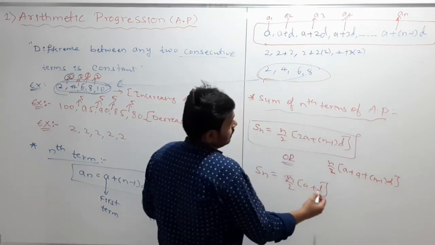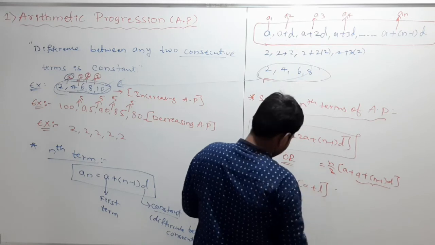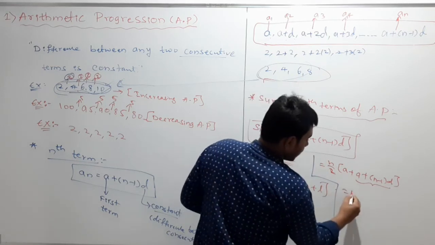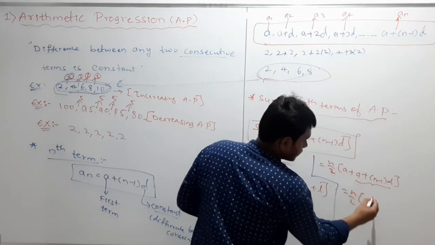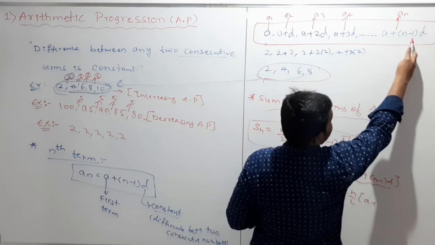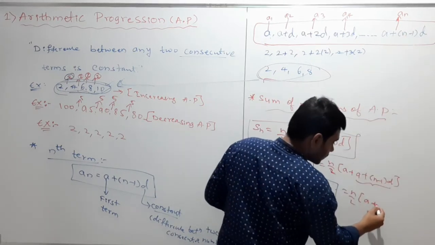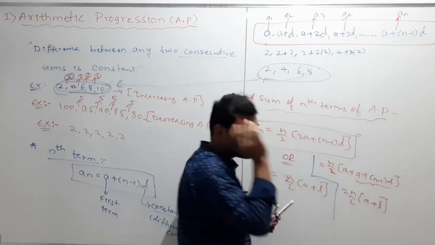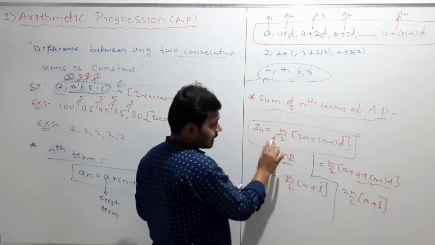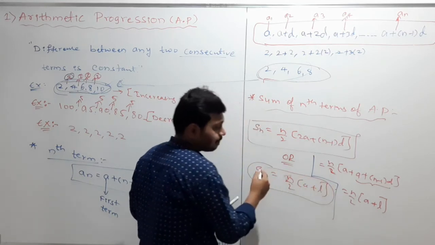Now a plus n minus 1 into d is the nth term, meaning the last term, so we can also write it as l. L means the last term. So we can use either this formula or that formula.